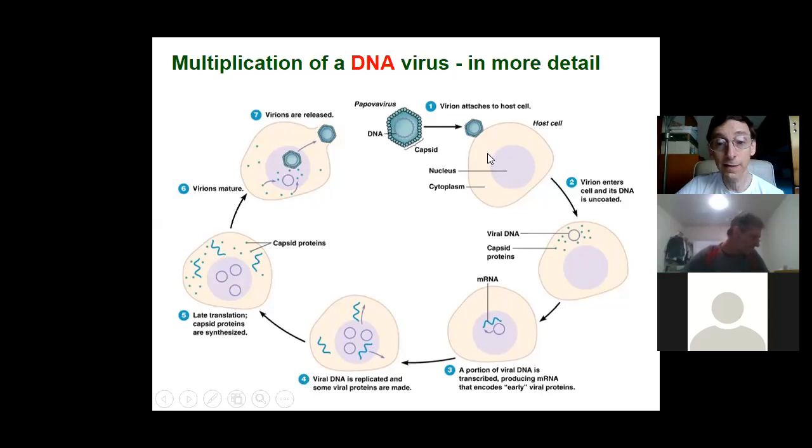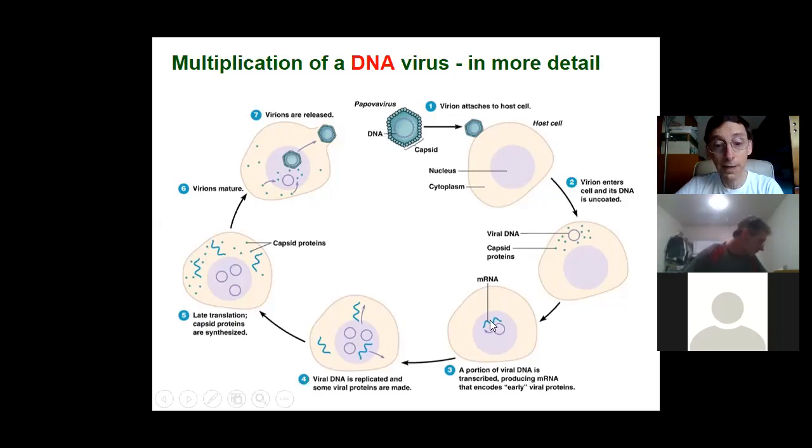Anyways, the virus gets into the cell, and the viral DNA is read, transcribed, and translated. The viral DNA has to move into the nucleus of the cell because DNA viruses replicate in the nucleus of the cell.